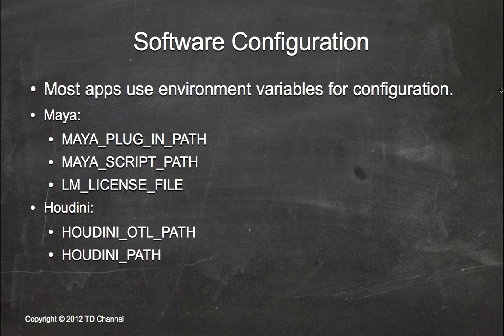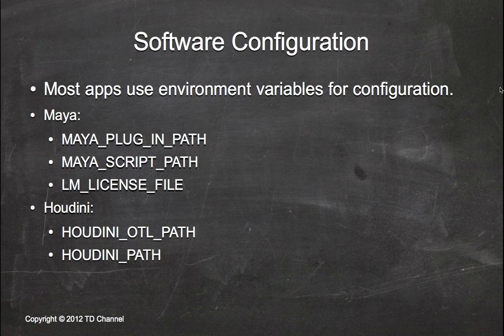One of them, for example, is Maya plugin path, which is a collection of paths where Maya is going to look for plugins. The same thing for script path, but this is for finding scripts. LM license file is the location where it's going to find the license for Maya. Houdini, for example, uses different sets of environment variables.